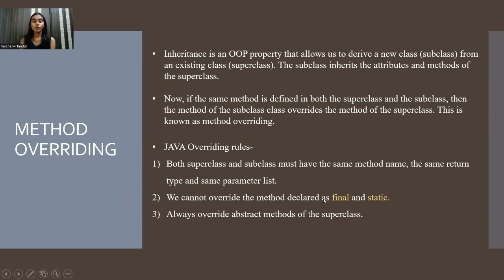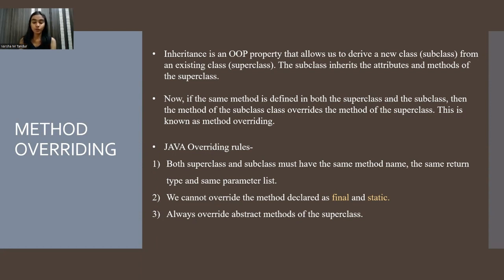Now, for the overriding to occur in a program, both the superclass and the subclass must have the same method name, the same return type, and the same parameter list. But this was not the case for method overloading. In method overloading, we had to have many functions of the same name but different parameters list and different return types.